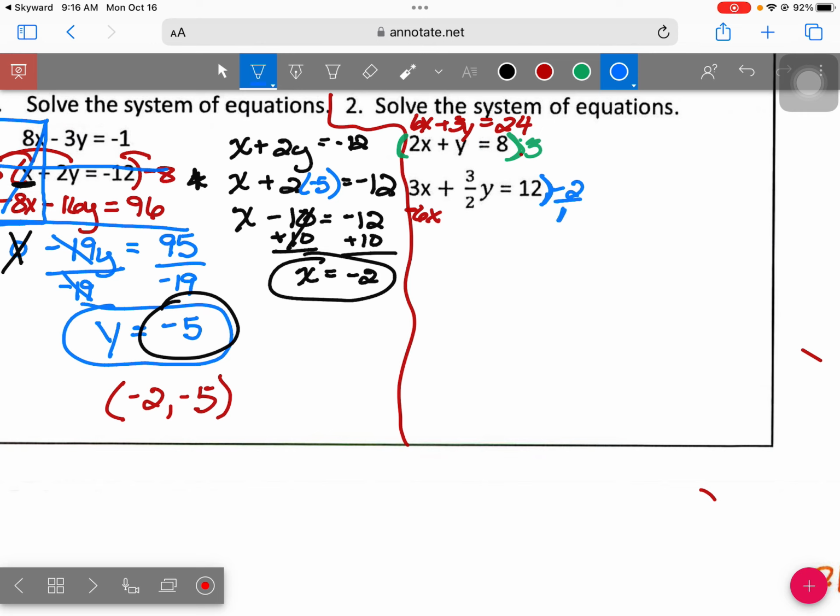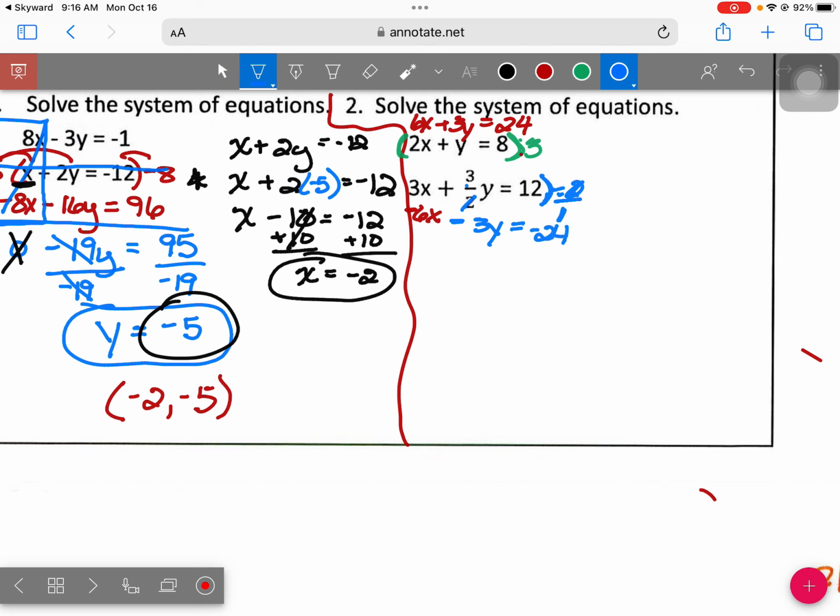The 2's are going to simplify out, okay? And I'm left with negative times 3y, which is -3y. And even though the 2's canceled out here, I still have to multiply 12 by -2 to get -24.